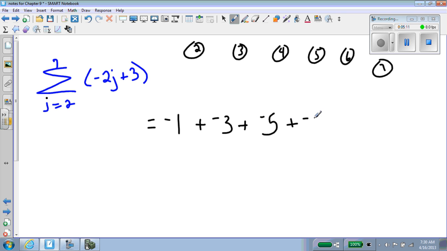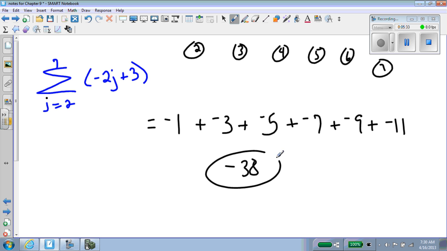Negative 10 plus 3 is negative 7. Negative 12 plus 3 is negative 9. And negative 14 plus 3 is negative 11. If I add all those up, let's see, negative 4, negative 9, negative 18, negative 19, negative 29, negative 38 it looks like. Although, I may be wrong. It may be negative 36. Check me on that one.